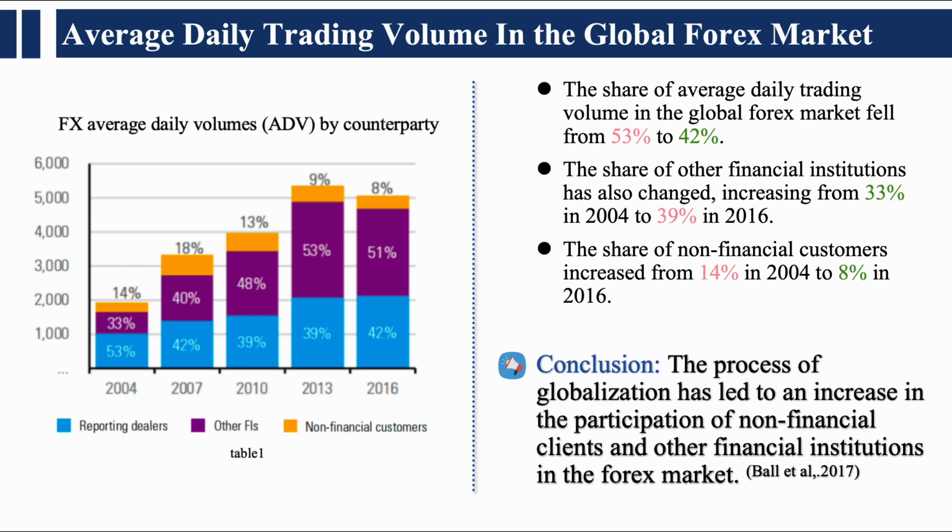From 2004 to 2016, the share of reporting dealers decreased from 53% to 42%. Meanwhile, the share of other financial institutions increased significantly from 33% to 39%.